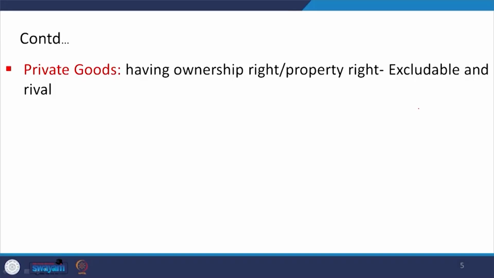So, the second category of goods that we can understand is the private goods. Private goods are common goods that we purchase by paying money, right. So, a particular consumer is having ownership right or property right because they are paying for the same.